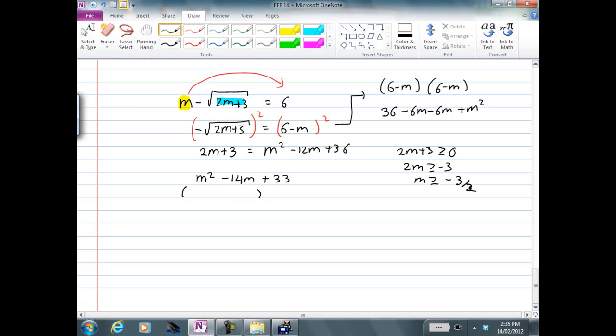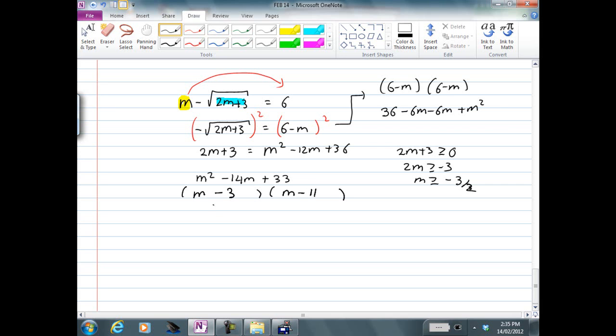Okay, so if I look at this, I'm going to see right now if I can factor this: m minus 3, m minus 11.